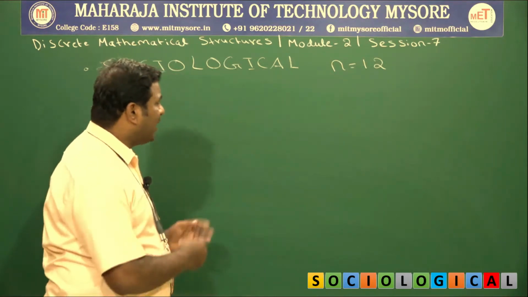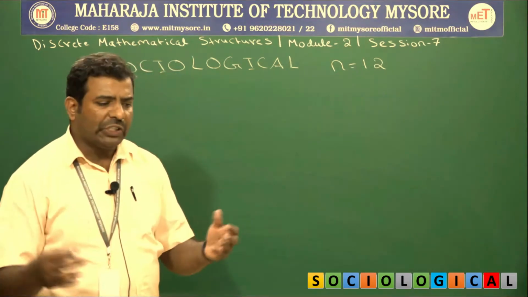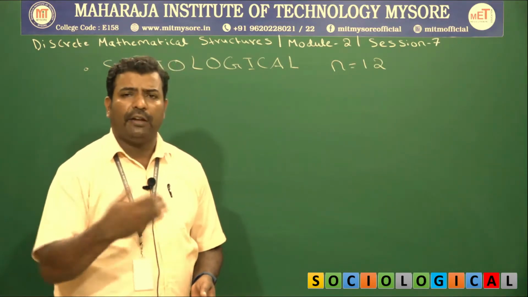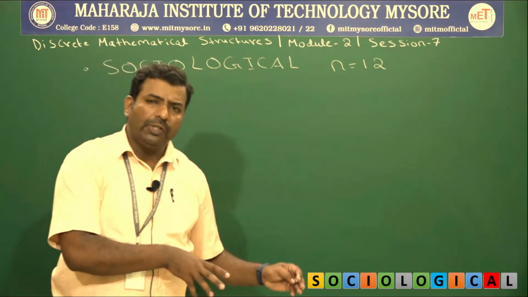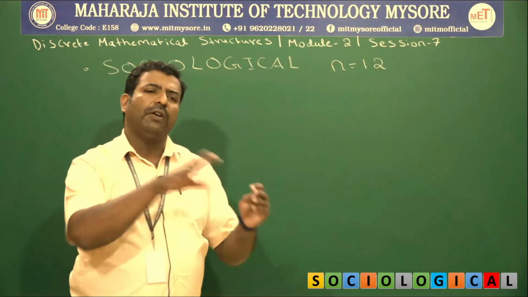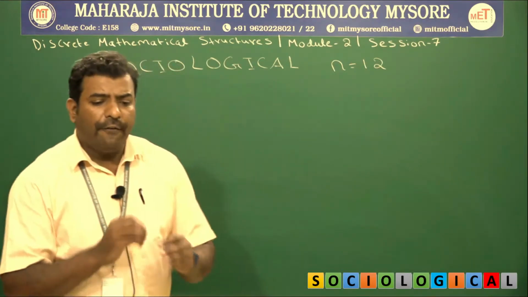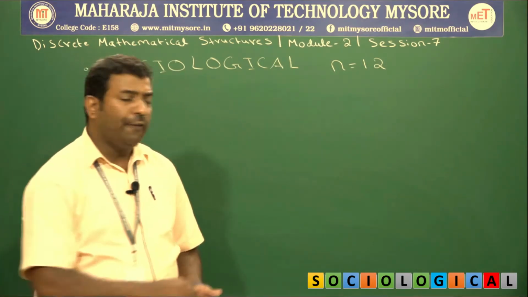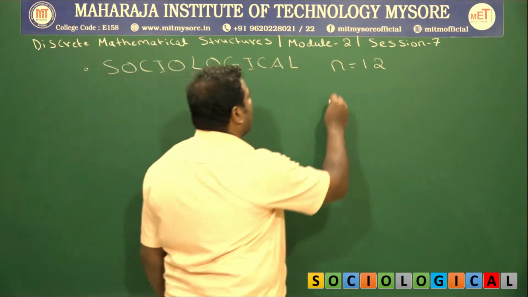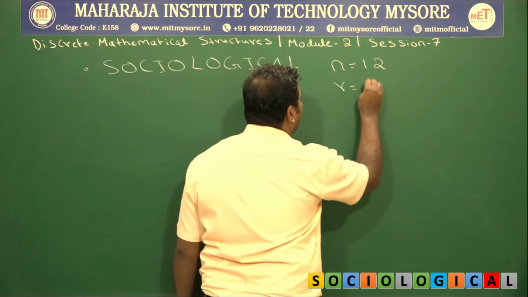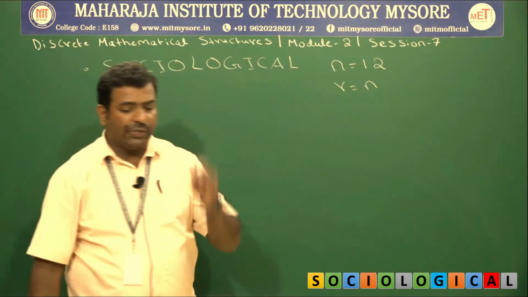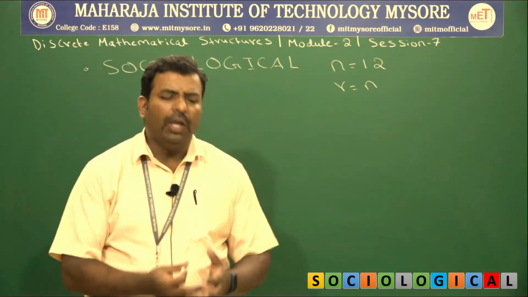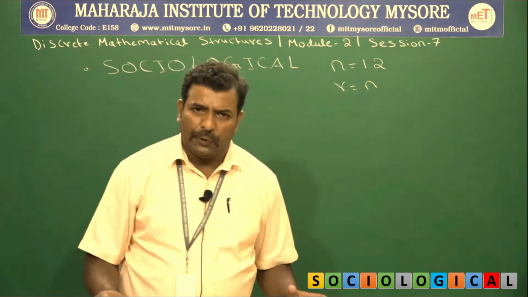Whenever the value of r is not given, by default don't assume it to be any value, don't assume it to be 0, or even 1. Whenever there is no r value given, by default the r value will be the same as the n value. This is one thing we need to keep in mind.